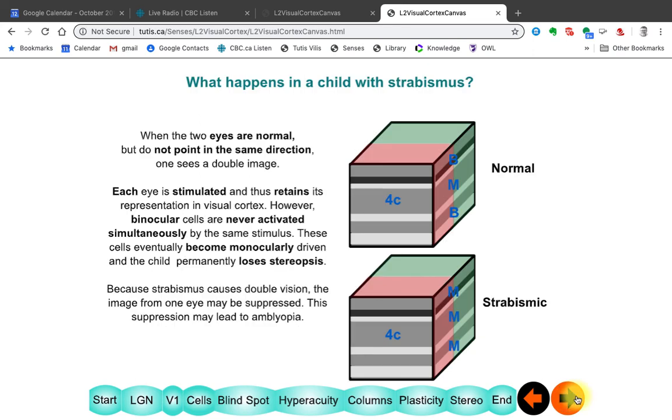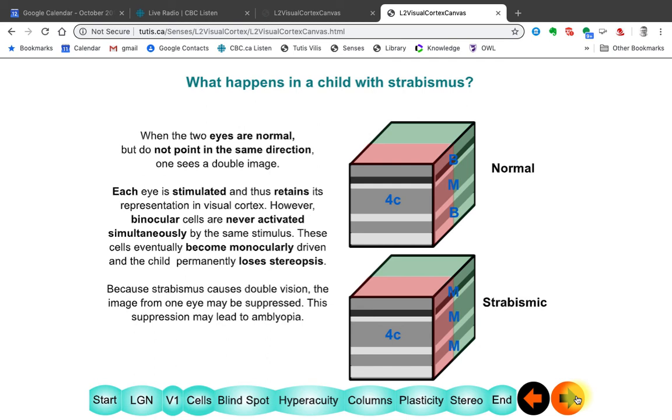Let's now go to a different problem. Okay, this is children with strabismus. Someone who has strabismus, another word for it is cross-eyed. Okay? One eye looks in one direction, and the other eye looks in a different direction.